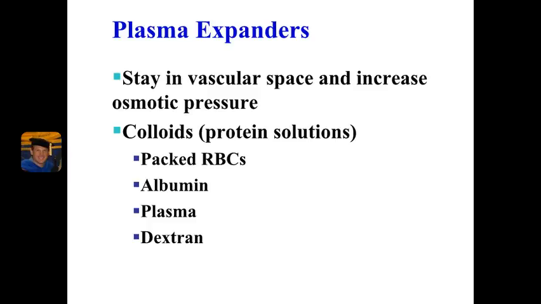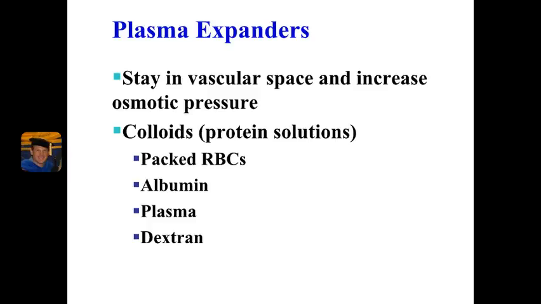Now, packed red blood cells, we said, are a little bit special, and the reason they're special is because they can carry oxygen. So, you don't give whole blood to patients because the risk of fluid overload is just too great. So by reducing the amount of plasma available in the red blood cells, we get what's called packed red blood cells.